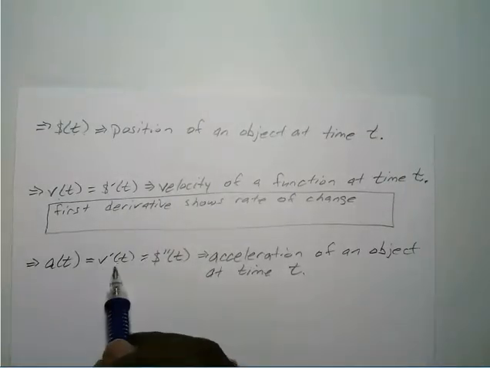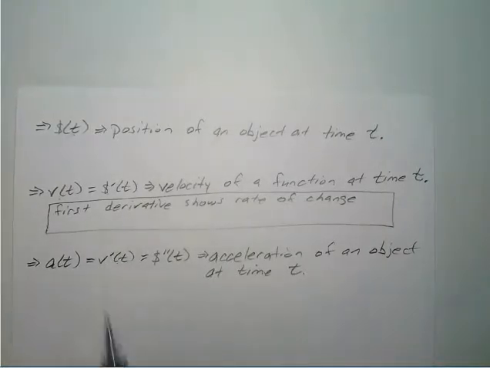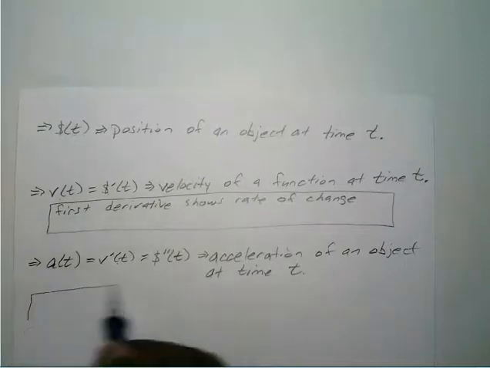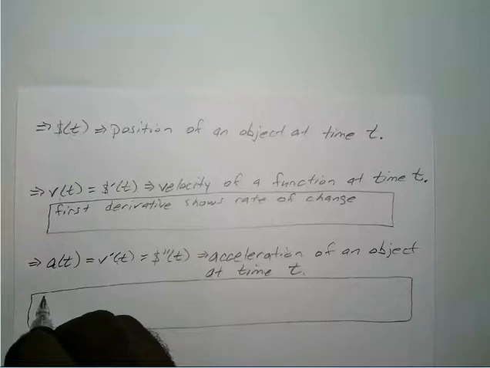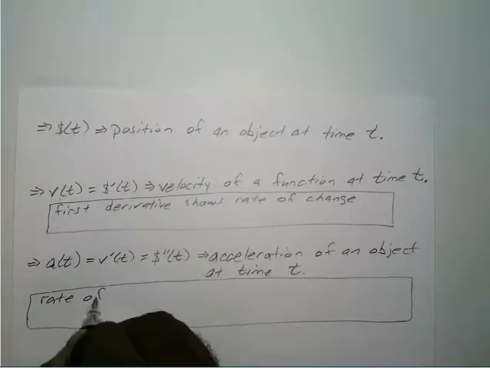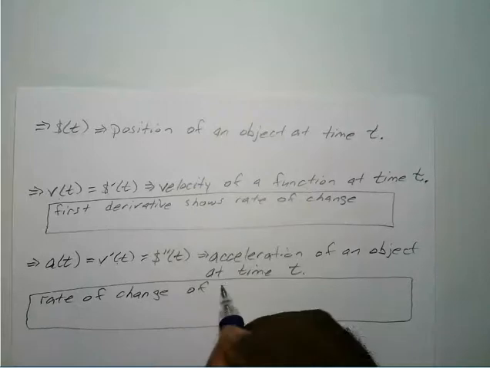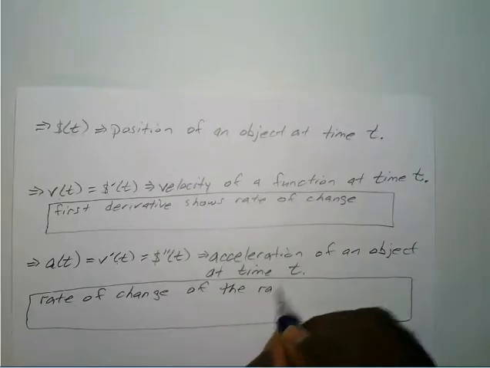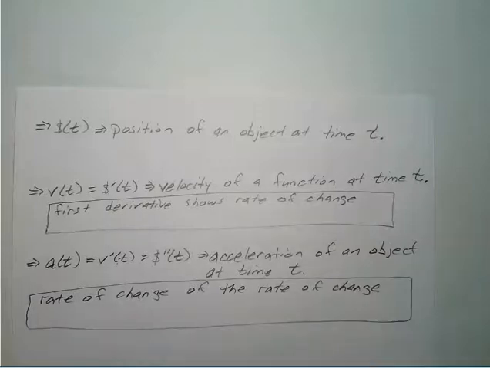If the first derivative shows rate of change, then if you take the derivative of the first derivative, ironically enough, that just shows the rate of change of the rate of change. So that's your acceleration function.